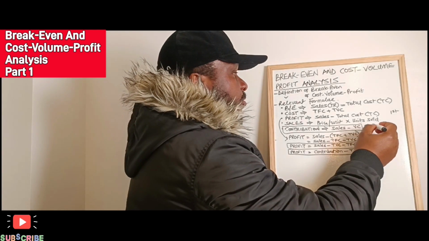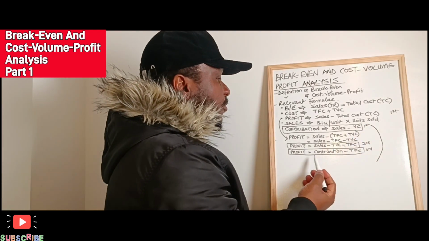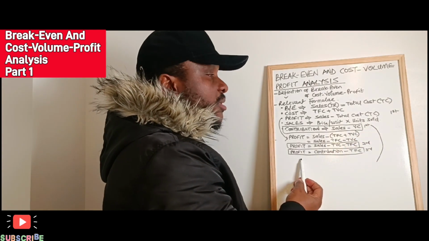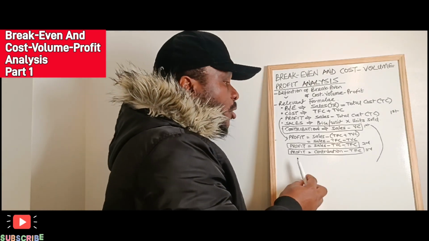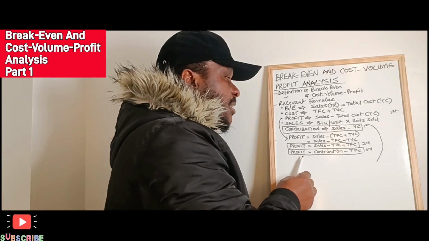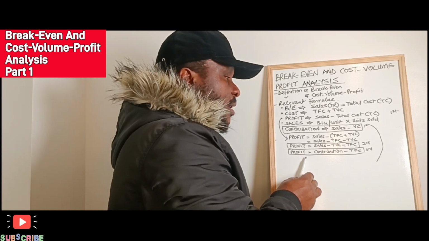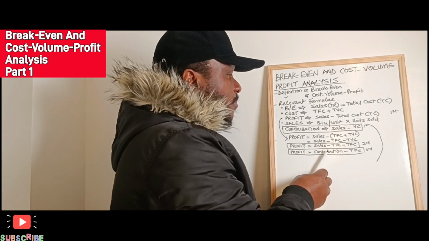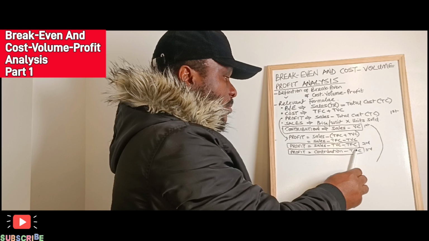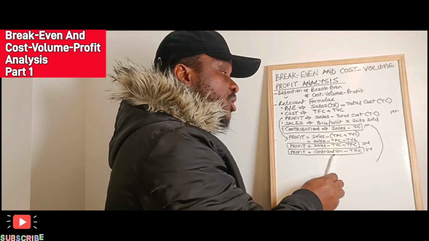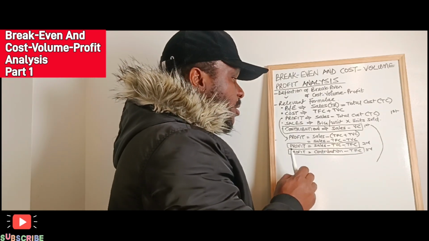Okay. The second formula for contribution, I can derive it from the third formula for profit. Right? So here, profit has been made the subject of the formula. Okay. So you can change the subject of this formula to make contribution the subject of the formula. Right?